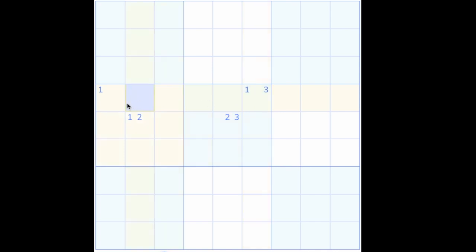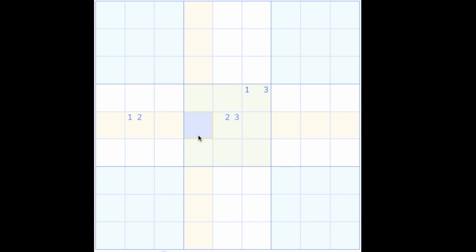We could in fact delete them. Or maybe there's a 1 here, and this one can see it and this one can see it, and in fact a 1 here would also be removable. Because it can be seen by this, it's in the same row, this row here. But also it's in this block, so we could remove it if it appeared here or here.